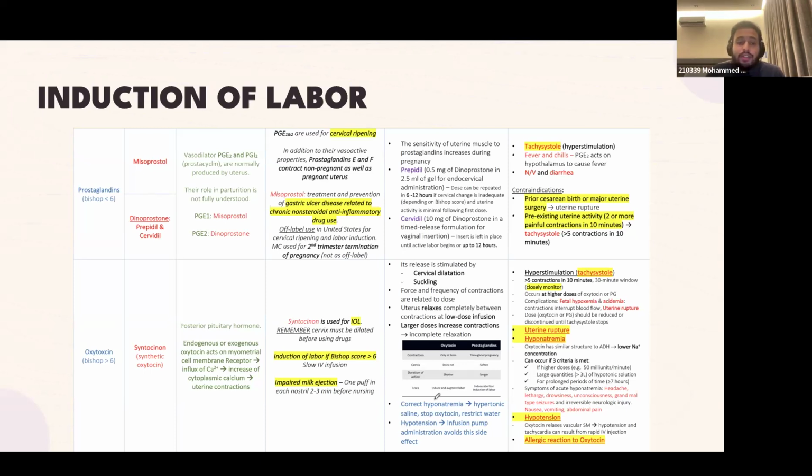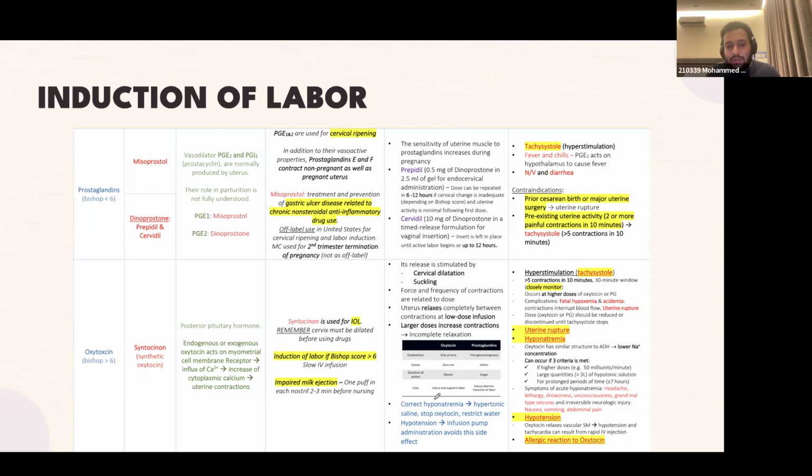Now, important thing is if you want to induce labor, you need to look at one thing, which is the Bishop score, which is basically going to tell you how dilated the cervix is, how effaced the cervix is, how ready the cervix is to deliver the baby. The key number is 6 for the dilation.